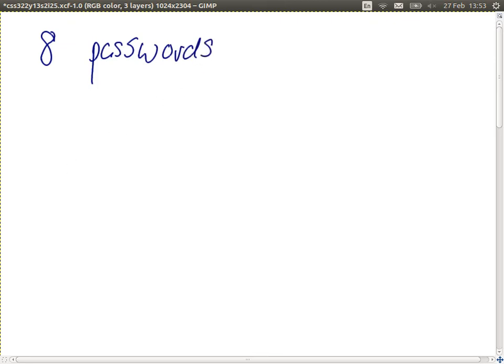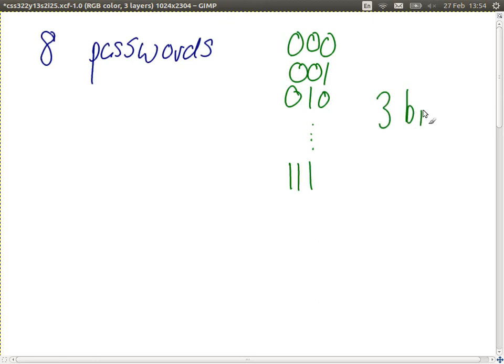How many bits do I need to store a password? There are 8 possible values, so the number of bits needed is just 3 bits, because we could do it as, I will not write them all, but I think you know them. If there were 8 possible passwords, we need 3 bits at minimum.